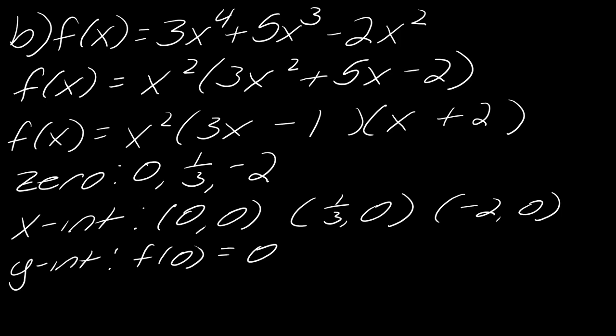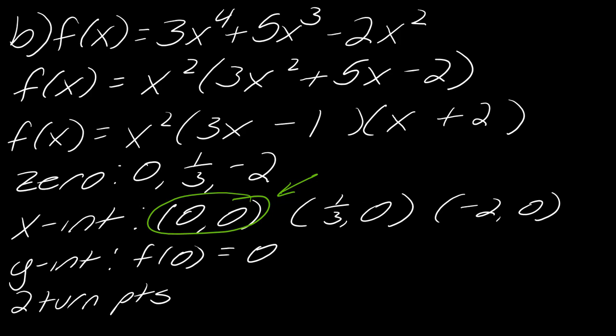And then, the number of turning points that I'm going to have. Okay, so I have 1, 2. So I have 2 different turning points in between my x-intercepts. So I have 2 turning points. Now, one thing that you want to keep in mind, this has a multiplicity of 2, which means that we need a parabola type shape at it.